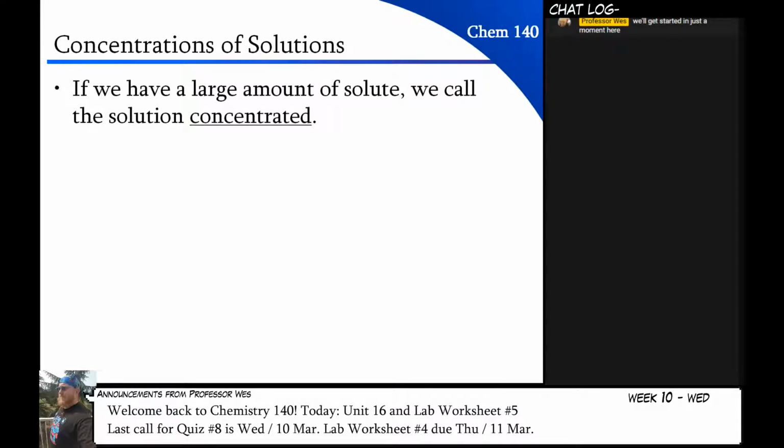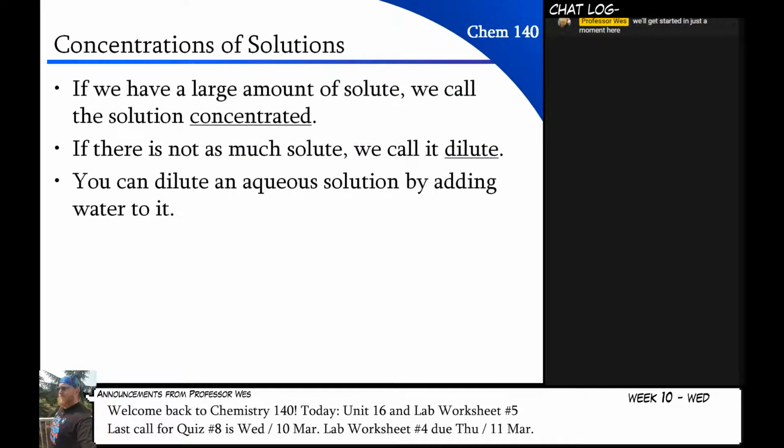So, the other day we talked about how you could have solutions be concentrated or dilute. And we attributed the difference between the two to just the color. Like, if a solution was blue when the solute was dissolved into it, if it was less blue, we'd call it dilute, and if it was more blue, you'd call it concentrated. But visual appearance of a solution is not a really great rubric.